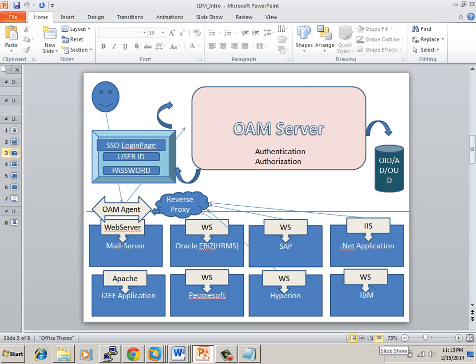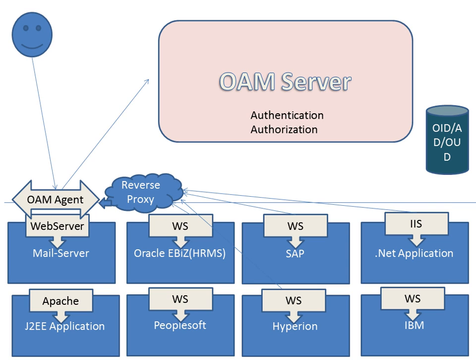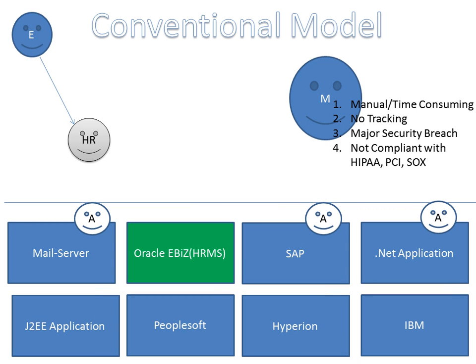Now I will move to the next slide, which is OIM, okay. So before I talk about OIM, Oracle Identity Manager, you have to understand this conventional model. If you have understood this conventional model, then you will understand OIM better.